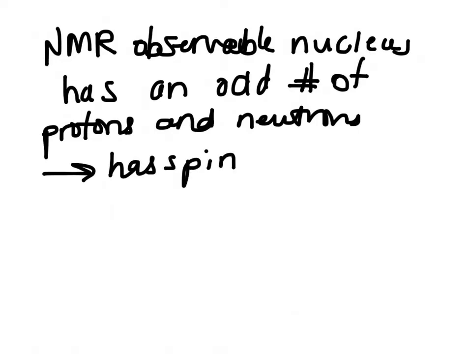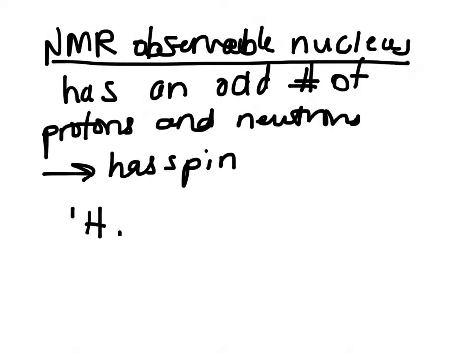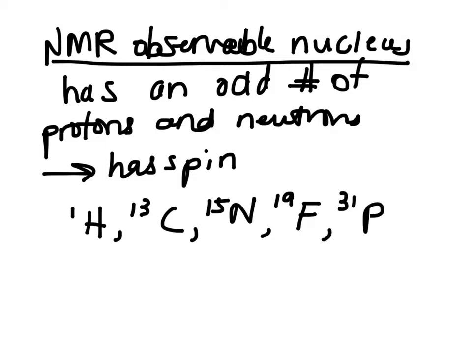So some common NMR observable nuclei are your hydrogens, carbon-13, nitrogen-15, fluorine-19, and phosphorus-31.